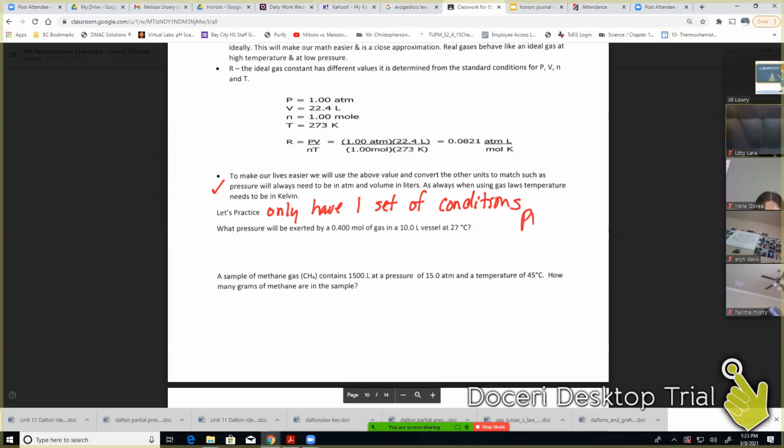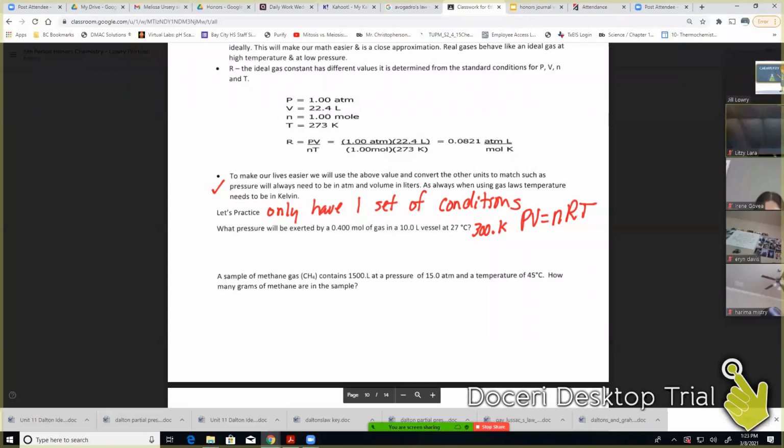So our formula is PV is equal to nRT. My first example says, what pressure will be exerted by 0.4 moles of gas in a 10-liter vessel at 27 degrees Celsius? So 27 plus 273 would give me my temperature of 300 K, because it always has to be in Kelvin.